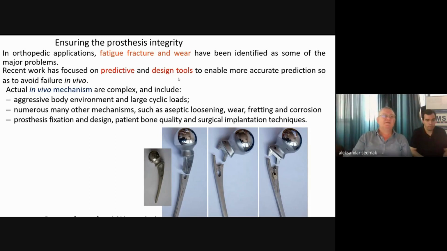You can see here that so-called predictive and design tools enable us to prevent failure in vivo, and that means, among others, the most important causes would be aggressive body environment and large cycle loads. Other mechanisms are not very important at this point, but just keep them in mind. They are listed as well.